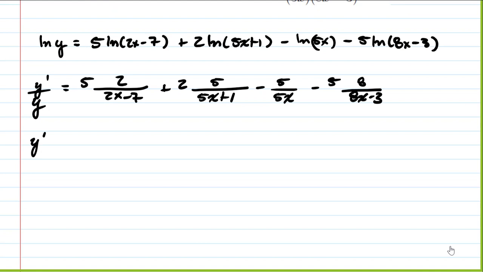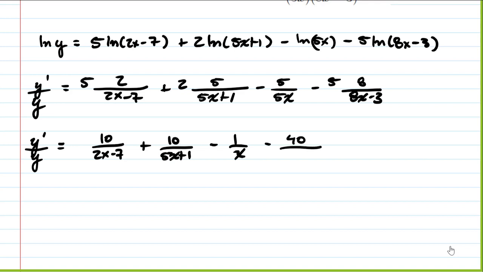So we get y prime over y is equal to 10 over 2x minus 7 plus 10 over 5x plus 1. Here the 5's reduce out, and we just get 1 over x minus 40 over 8x take away 3.